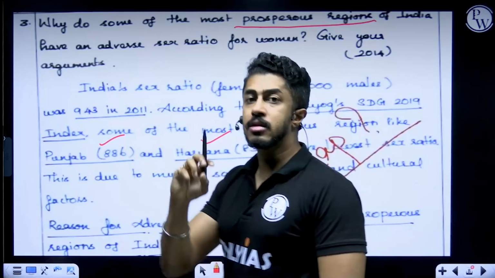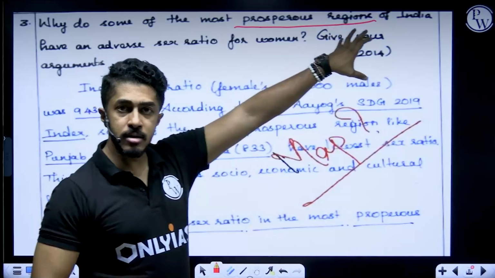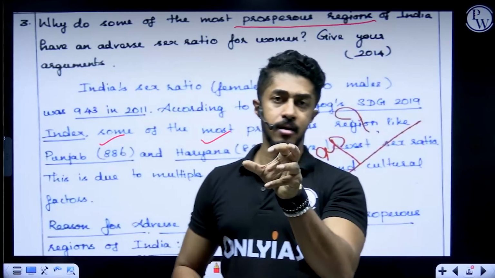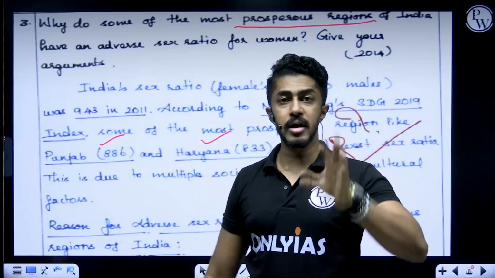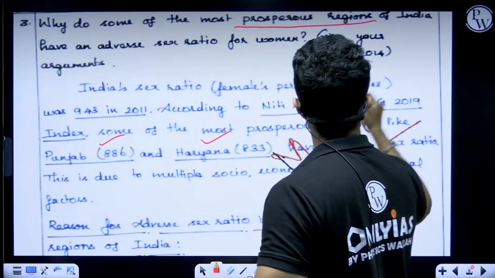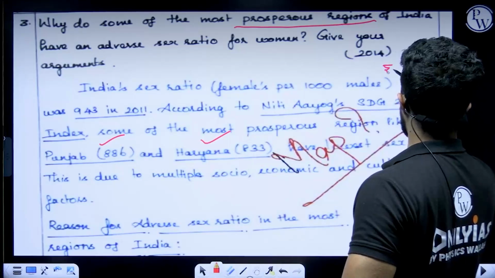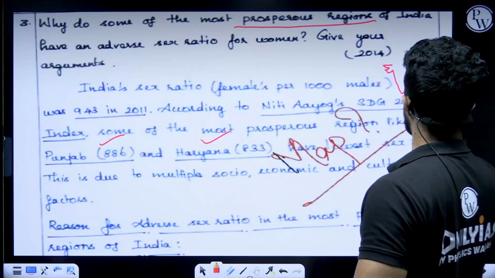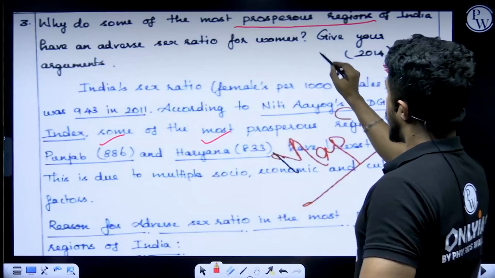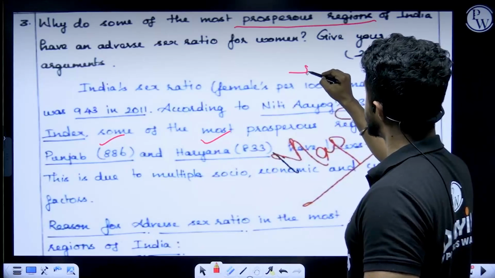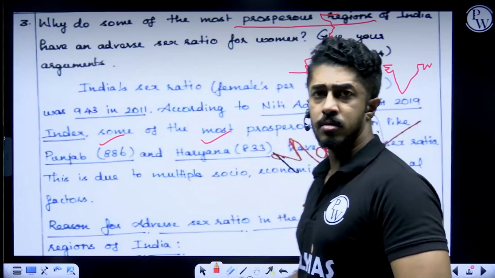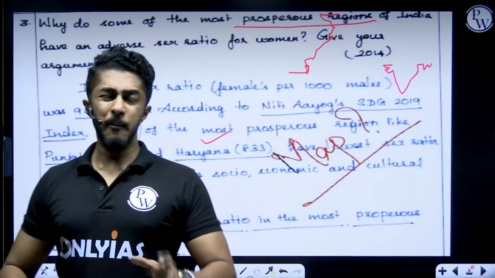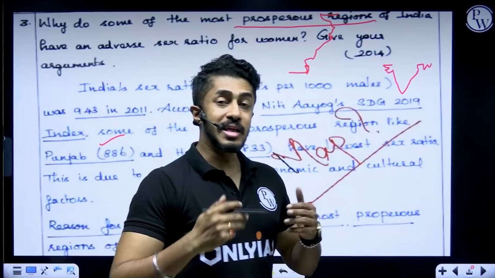But the moment you see region, geography related, anything in the question, you immediately draw a map there. What is the minimum thing that could have been done? At least a small map, or at least the northwest region. Correct? Minimum.